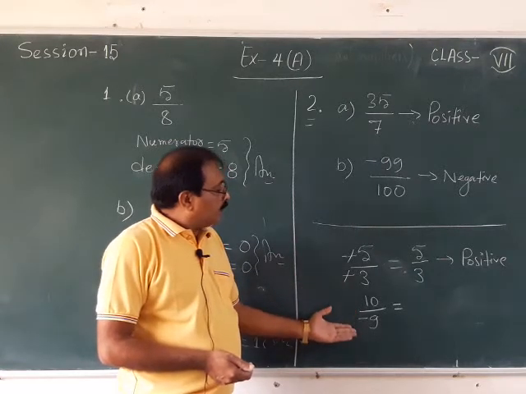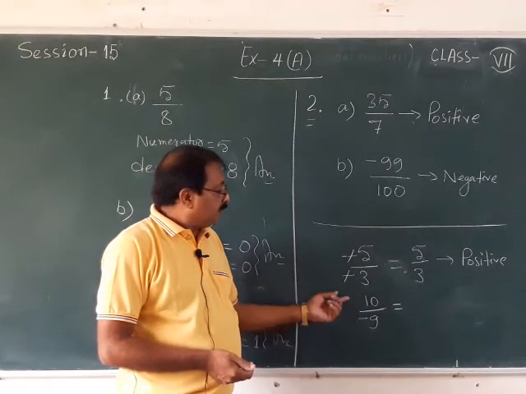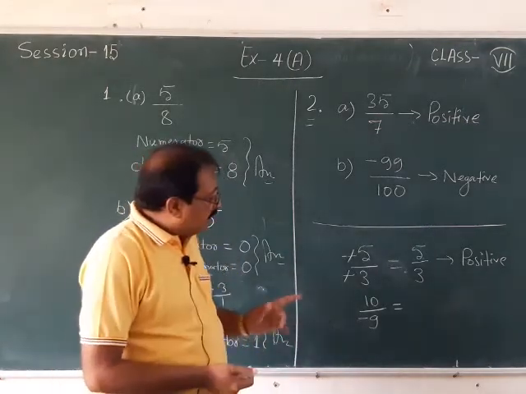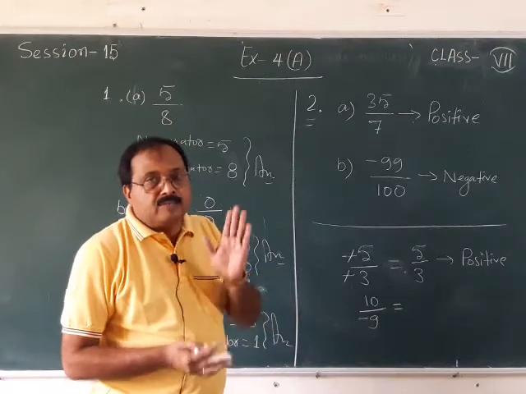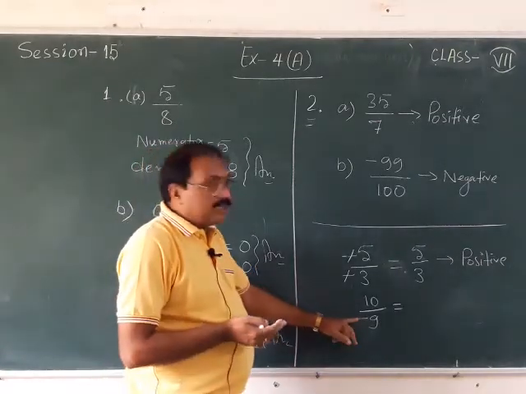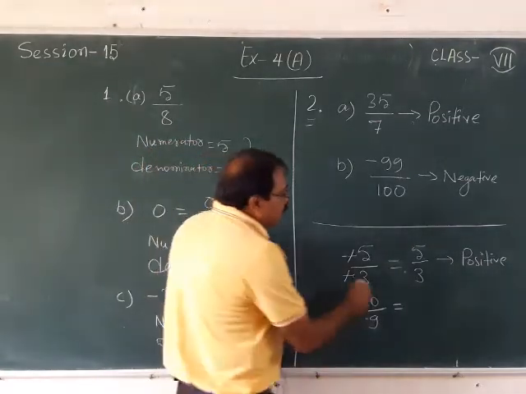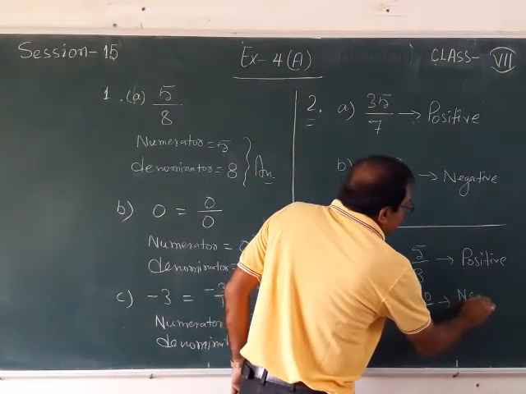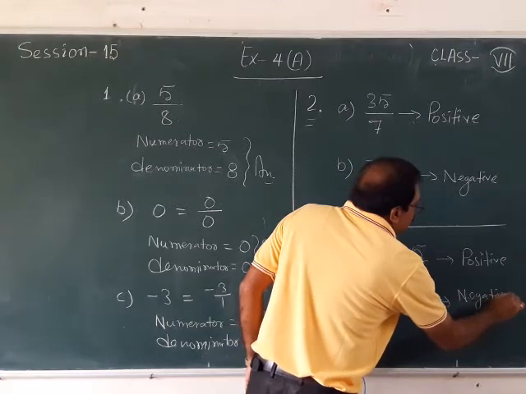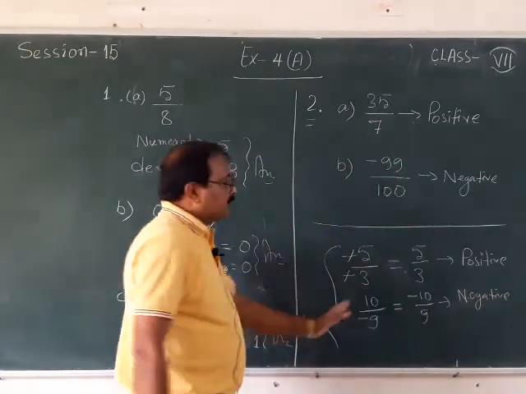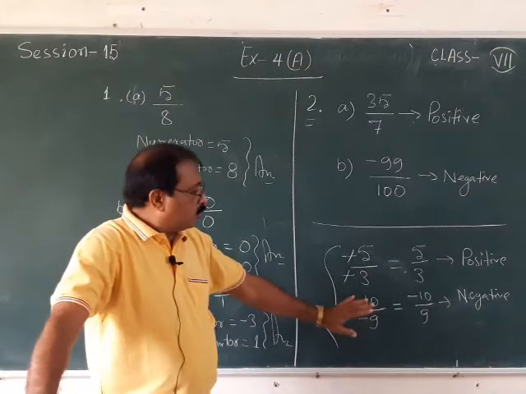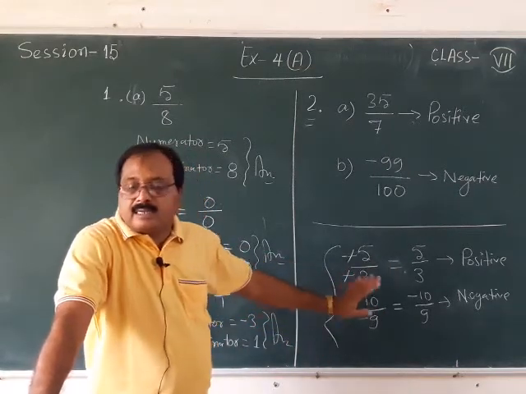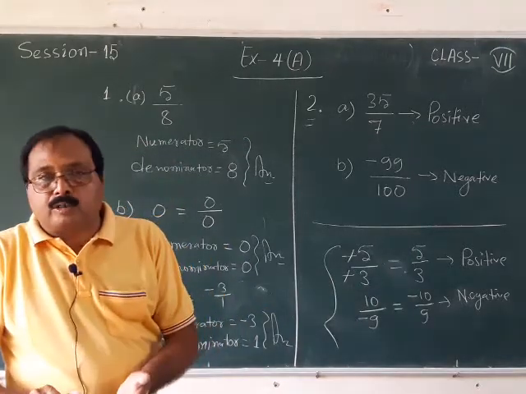One more thing is very important here: the negative sign should be at the numerator. If it is written at the denominator, you can change it and write minus 10 upon 9, and your rational number is negative. So these are a few special things for you, so that you can understand whether it is positive or negative.